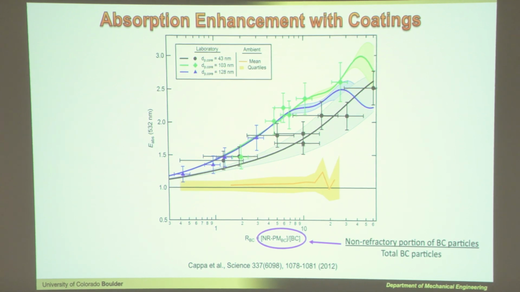Okay, so here's the experiment I was talking about. In the field, atmospheric scientists see that there's an enhancement in the absorption cross-section when they have coated particles. This was reported in Science in 2012. Since that paper, people have been obsessed with this in atmospheric science.